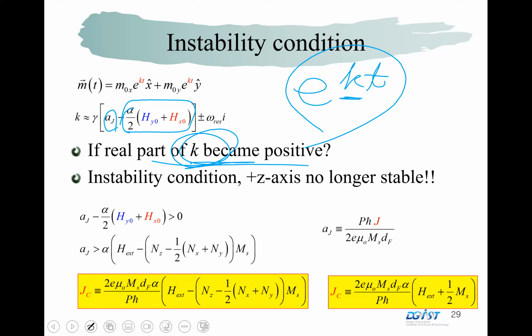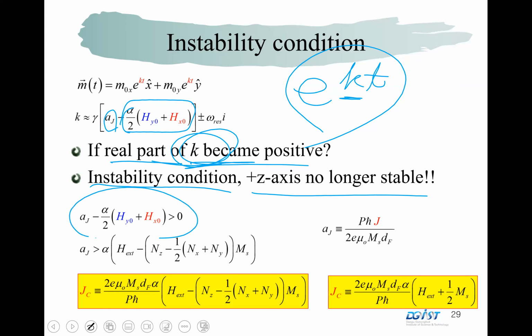It's going to infinity. That means this system is no longer stable, it's unstable. So that's what we want to find. Under that condition, where the real part of K becomes positive, the plus z axis is no longer stable and our initial assumption becomes incorrect. So we need a new stable condition. That is the switching.